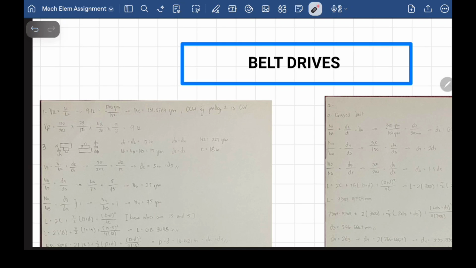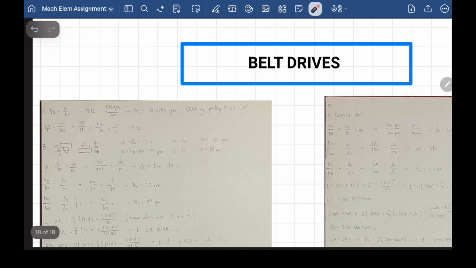So with that, we found out that the speed of the second gear is as follows, and the direction is counterclockwise given that the pulley 2 is clockwise.